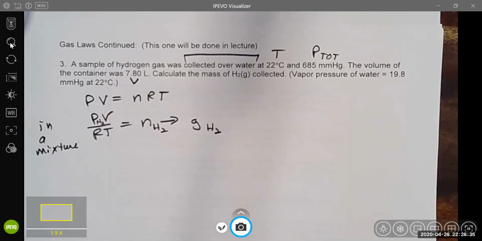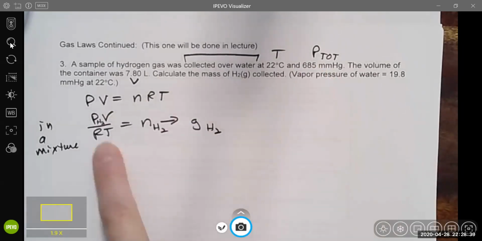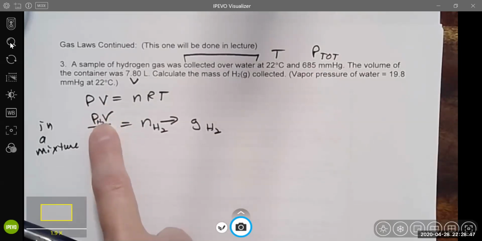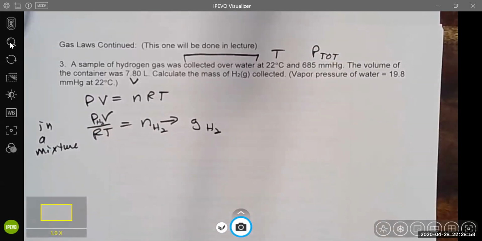I can't use the total pressure. I have to use the pressure of just the hydrogen. The volume's okay, and the temperature is okay, because that's the volume of the container, but the pressure has to be just of hydrogen, and I'm given the total. So it's like we have to do a little correction.